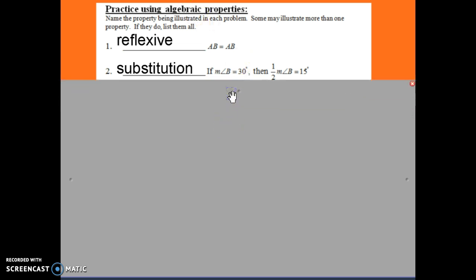But as I'm saying that, I can see how this could also be multiplication property, because half of this angle would have to be half of 30, so that would be 15. So I can see it as multiplication too.